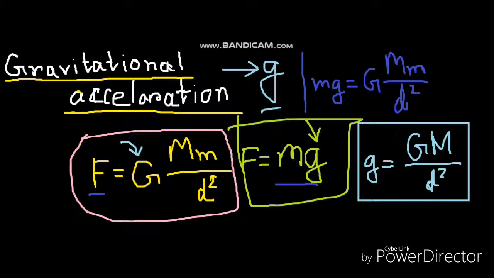And if you look at this equation carefully, you will see that the gravitational acceleration does not depend on the mass of the other object, that means the m. So this will give us another important and very interesting fact.